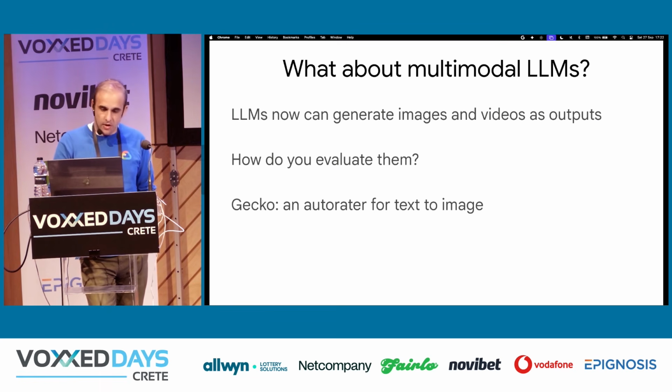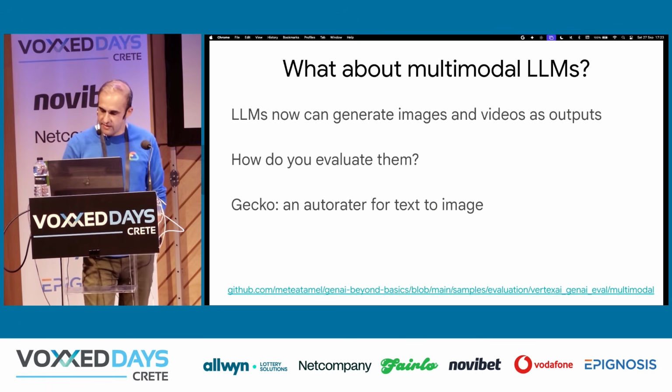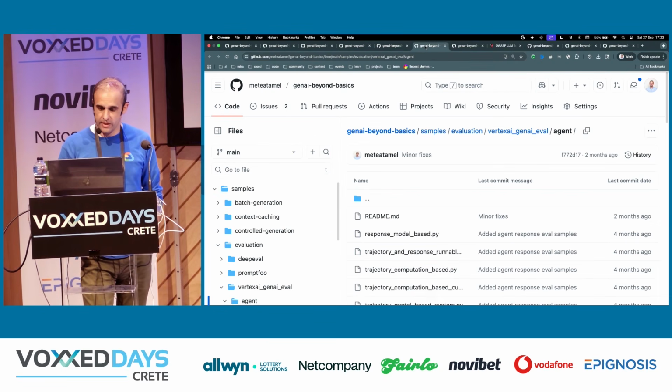There's something called Gecko, which is a method to measure text-to-image and text-to-video models. If you have a certain text to generate an image, or a certain video, then you can use Gecko to measure that. I have an example of this in the repo as well, just to show you briefly how that looks.